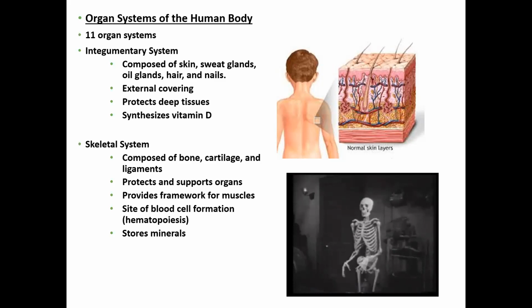Hematopoiesis means making blood cells. Red cells, white cells, and platelets. All 7 types of blood cells come out of our red bone marrow, and that's taken care of by our bones. And then, of course, we store calcium and phosphorus in our bones too.